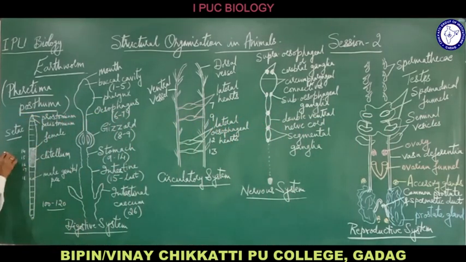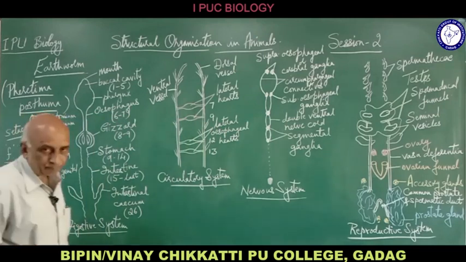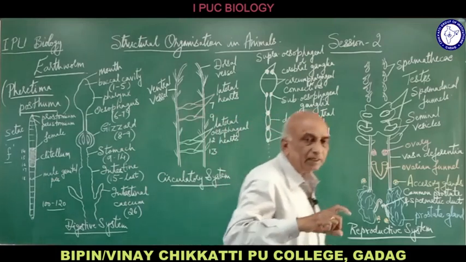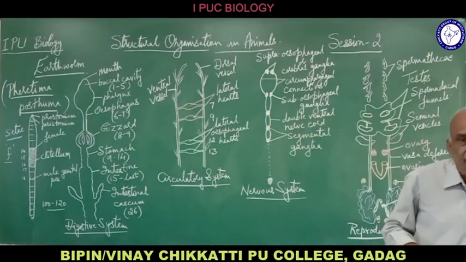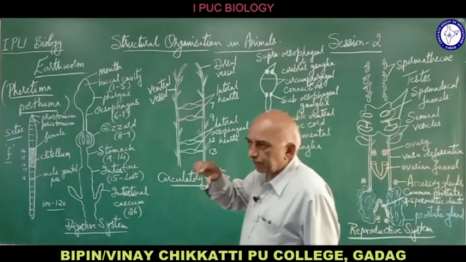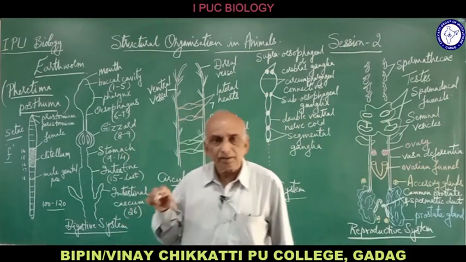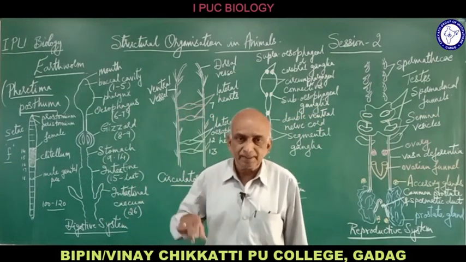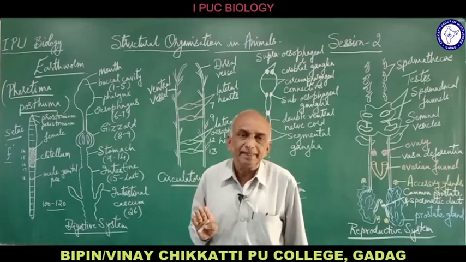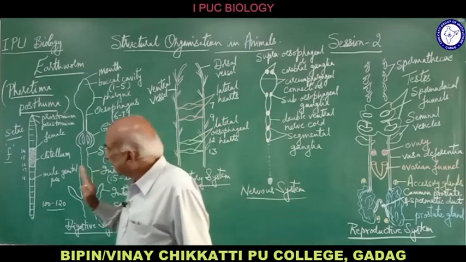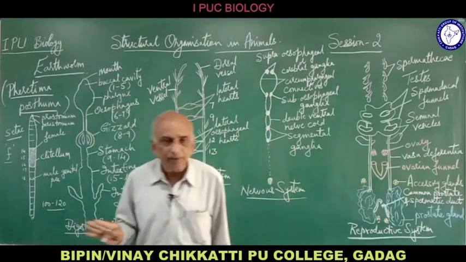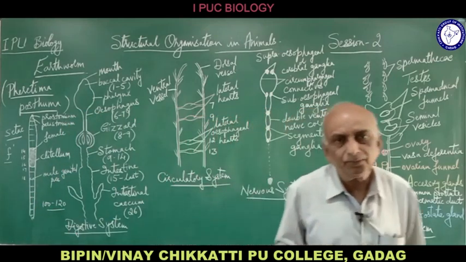Setae are somewhat F-shaped structures. Whenever the earthworm is moving on the soil particles, they help to have a grip on the soil particles so that the locomotion will be very easy. So these setae are the organs of locomotion.